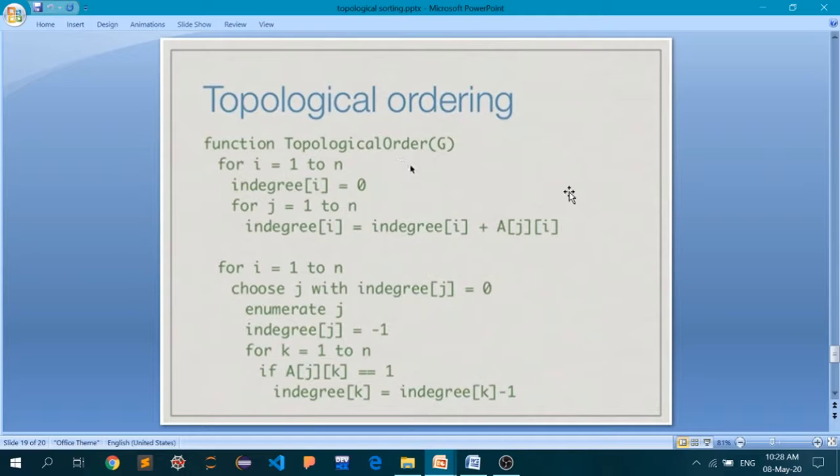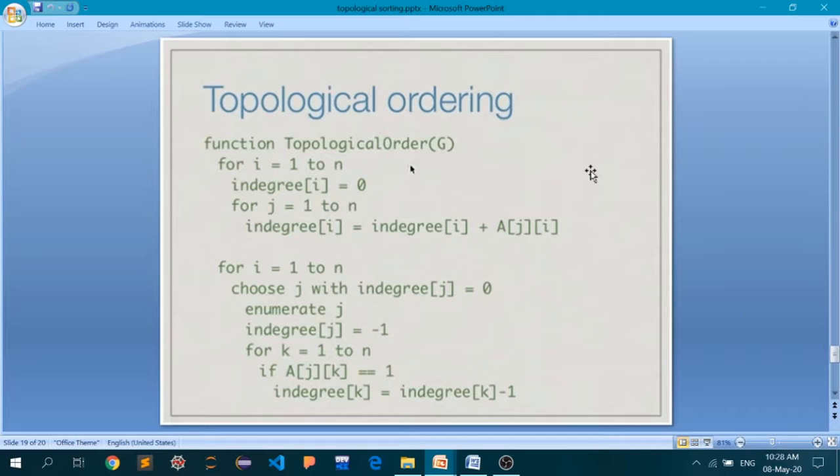Now for each combination of vertices, let's say i comma j, where i is one vertex and j is the other vertex, there must be a relation from i towards j.